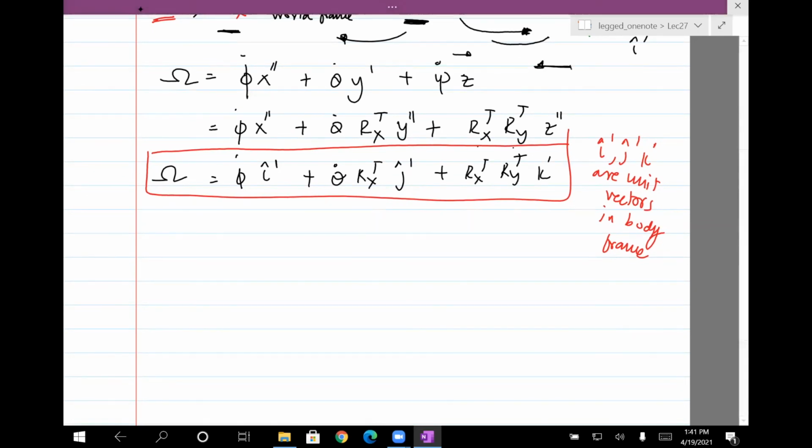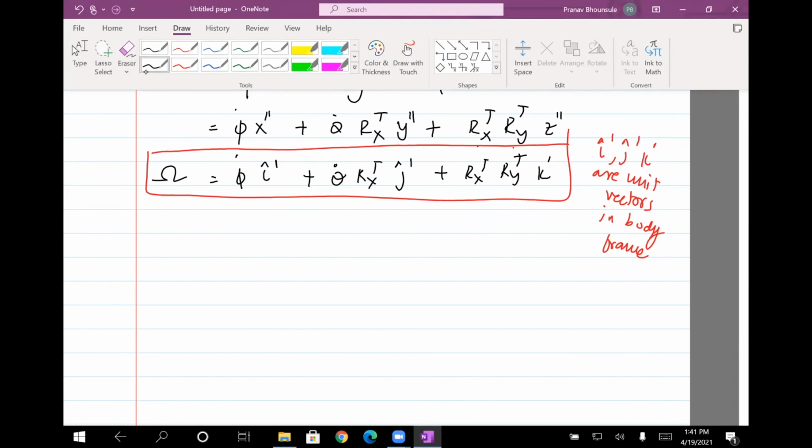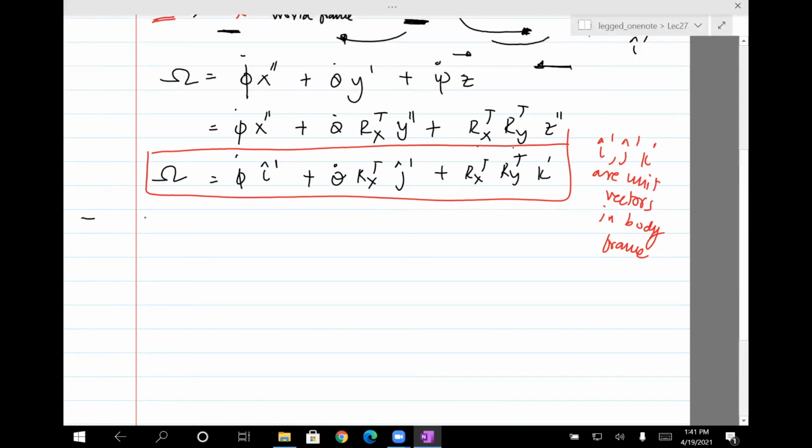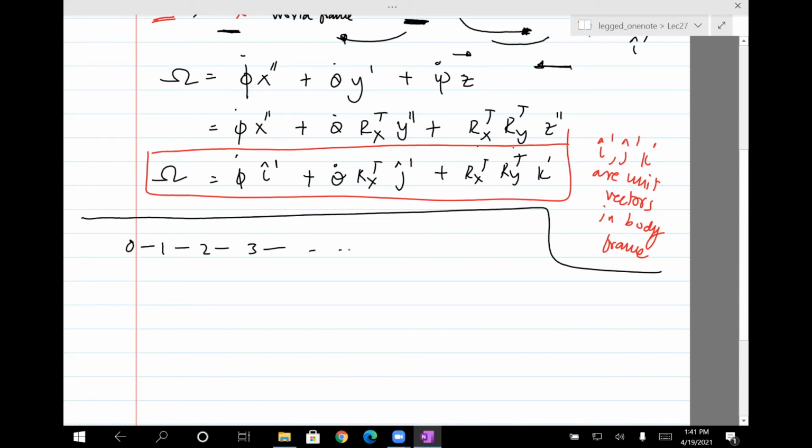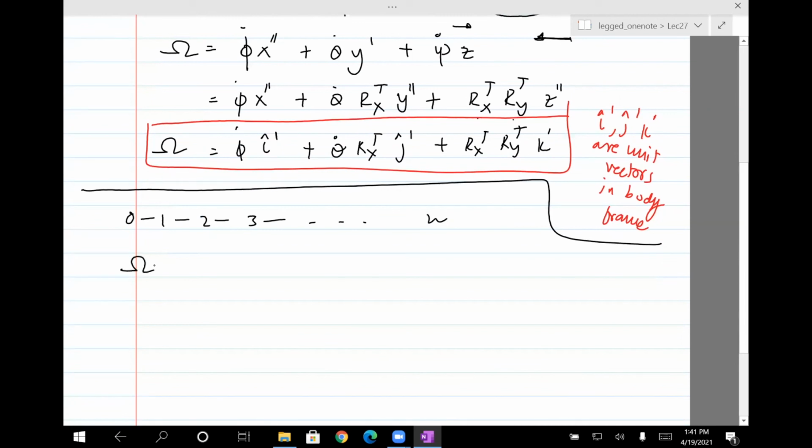Then we can actually take this for an n-link robot, right? We have 0 to 1 to 2 to 3 and so on till n. And the question is, how do you find the angular speed in body frame for all these links?